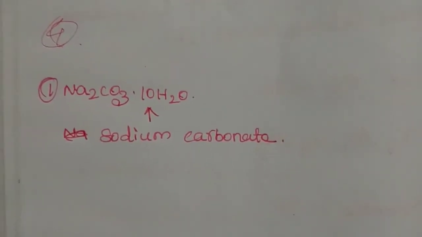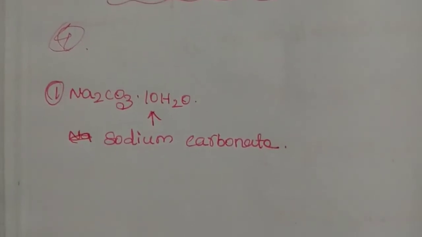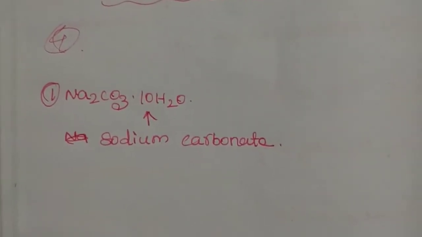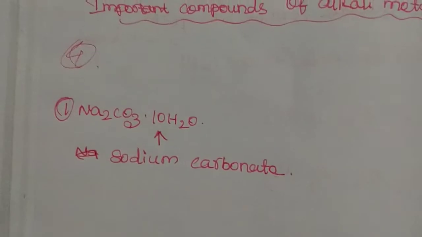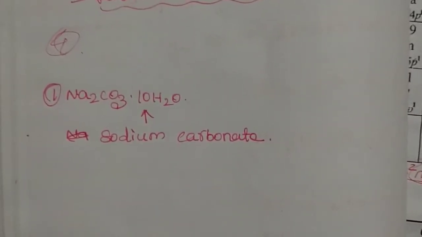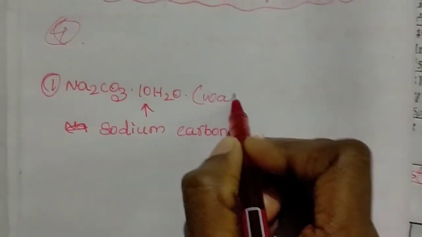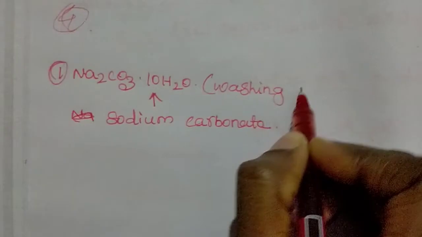So 10 molecules of water combined with Na2CO3, that is the chemical formula of sodium carbonate. Another name of this sodium carbonate is washing soda.